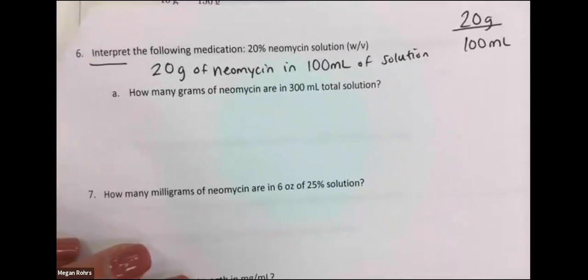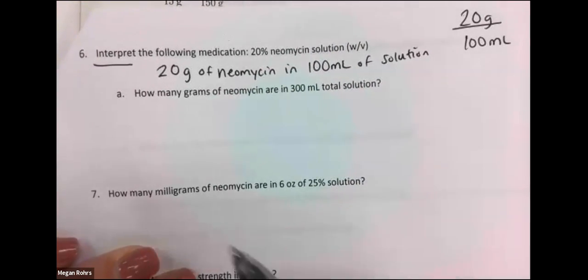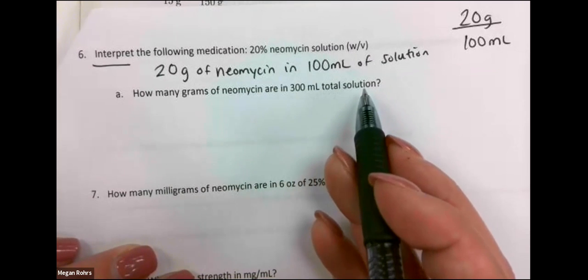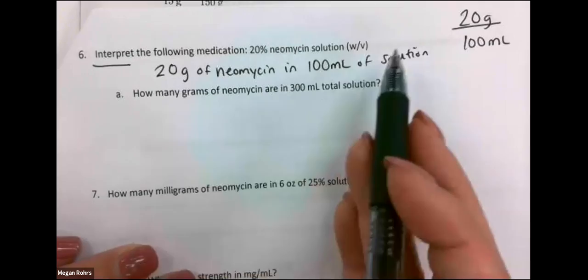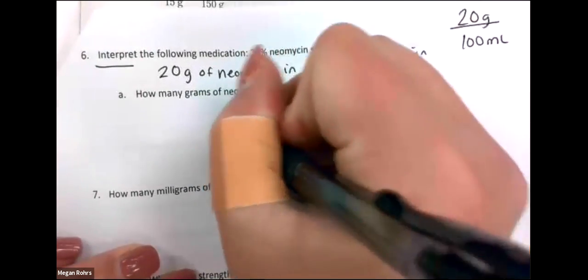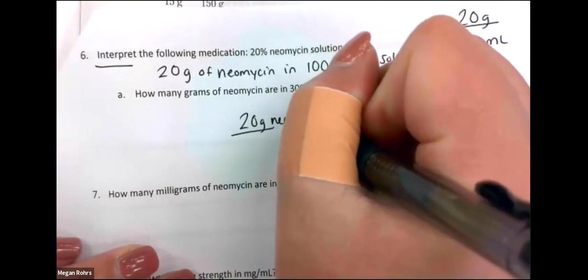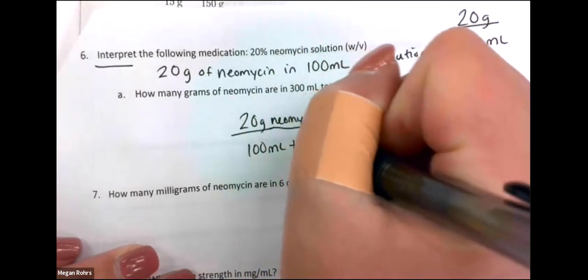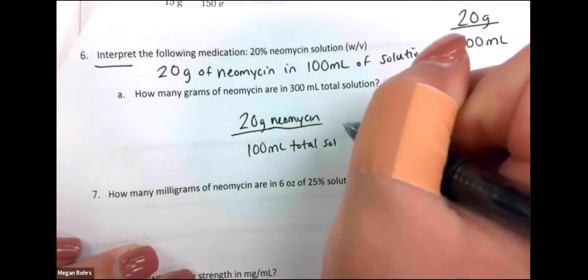Okay, so back to this question here. It says, how many grams of neomycin are in 300 mils of total solution? Well, we already know our fraction is 20 grams of neomycin in every 100 mils of total solution.